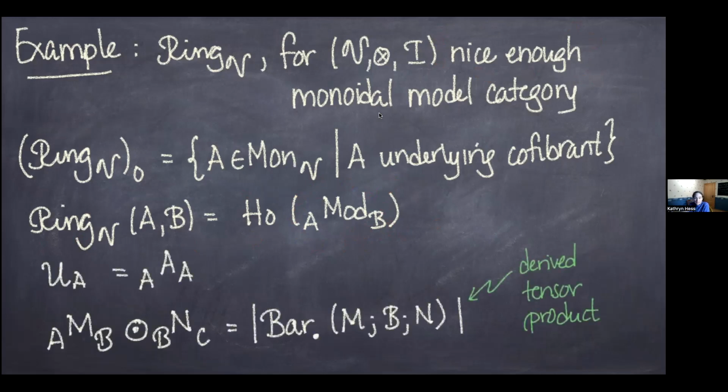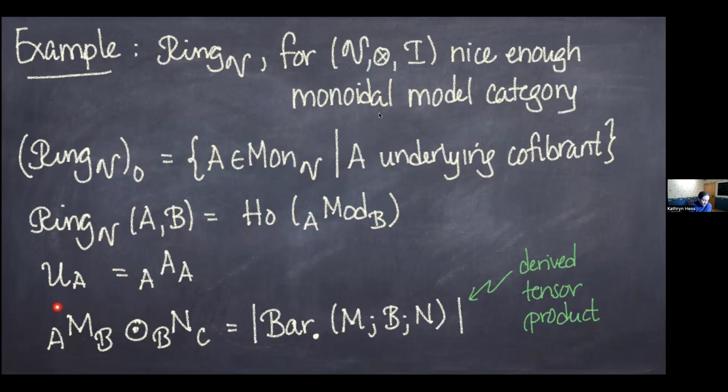And by the way, this example is generalizing an example in a paper by Campbell and Ponto, where they were talking about the case when V is the category of spectra, symmetric spectra or orthogonal spectra. Again, the unit object is just going to be A seen as a bimodule over itself.